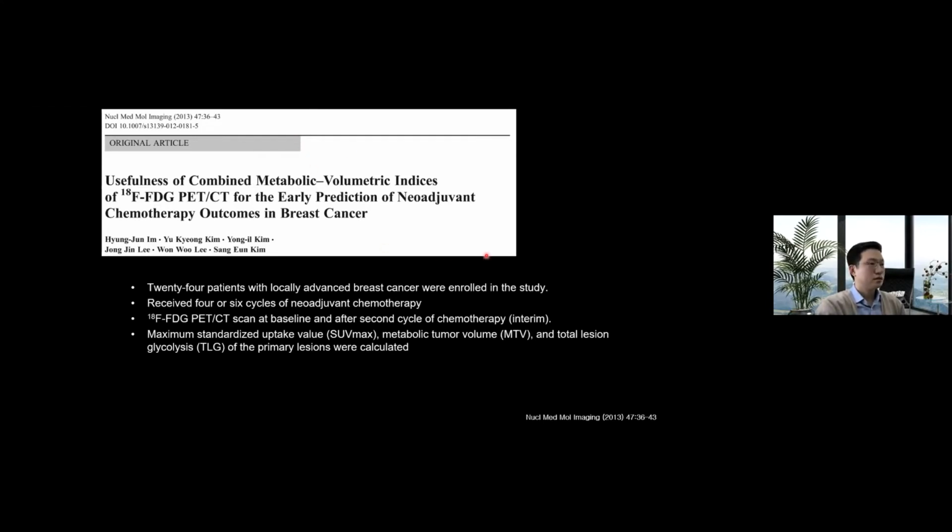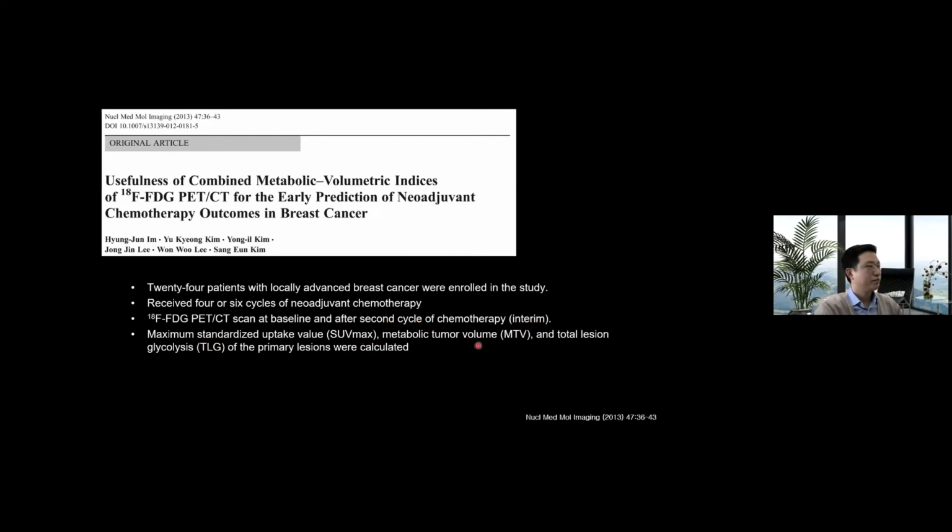So this is one study I've done more than 7 years ago. We included 24 patients with breast cancer, and they received 4 to 6 cycles of neoadjuvant chemotherapy before surgery. And the FDG PET-CT scans were done at baseline and after second cycle of chemotherapy, which is called interim scan.